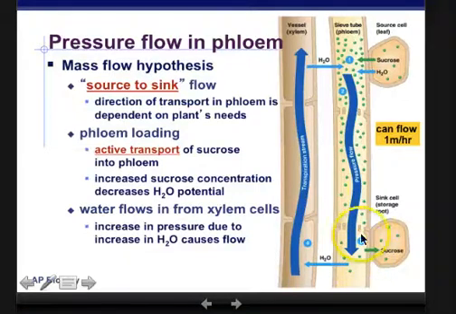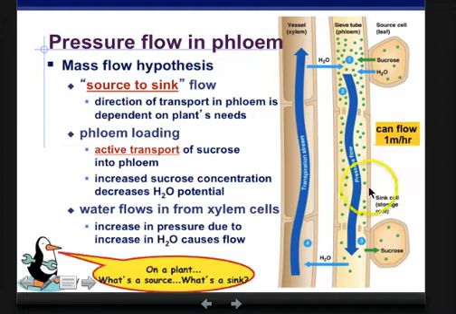If there was a leaf right here doing photosynthesis, then that would be the leaf supplying sugar to this sink. It is an active transport process to get sugar into the phloem.